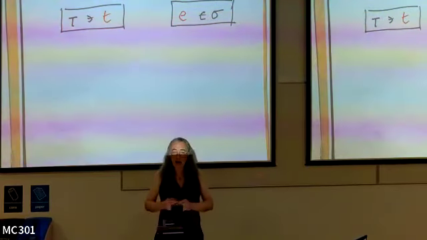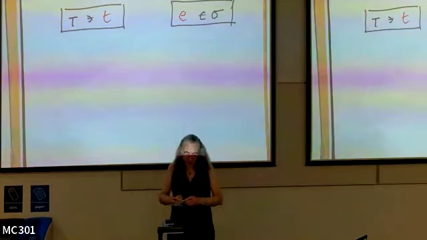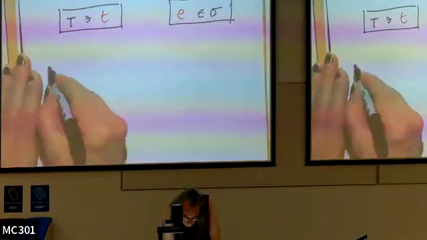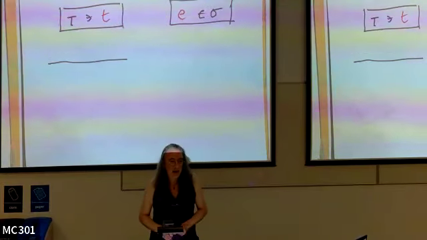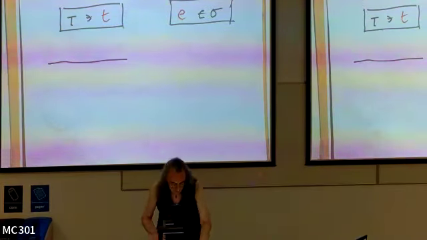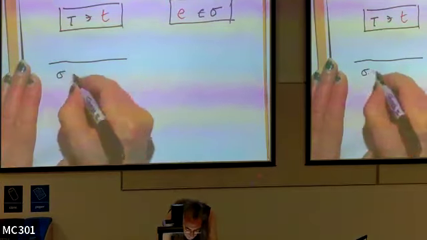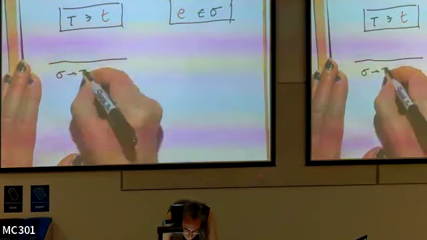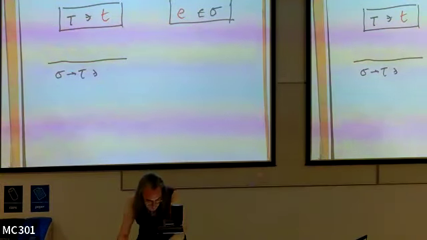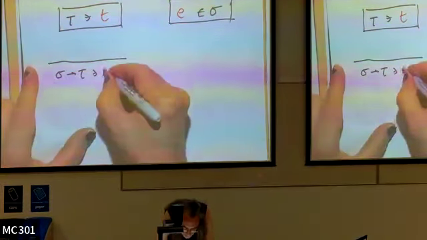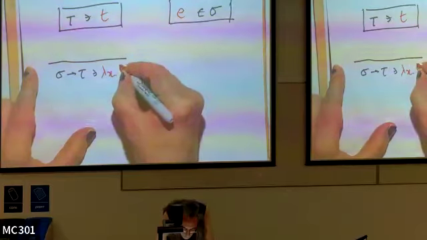Okay, so I'm going to write a lot of rules down, and a rule looks like a horizontal line with a conclusion that goes underneath the line. For example, that a function type accepts a function.